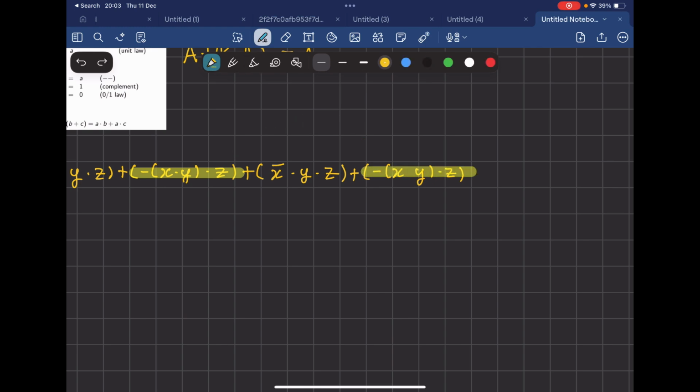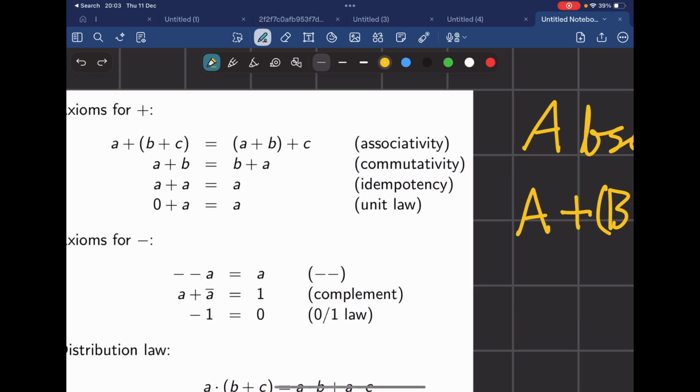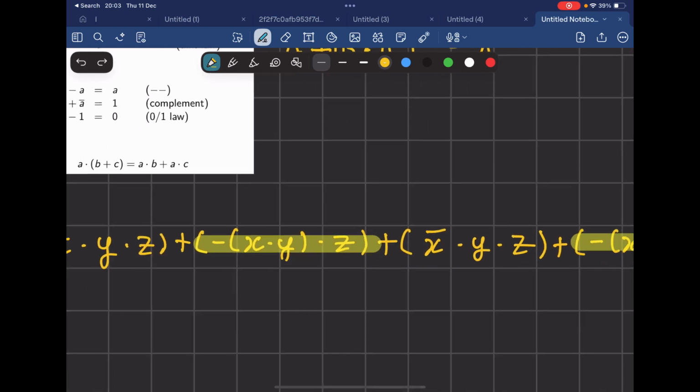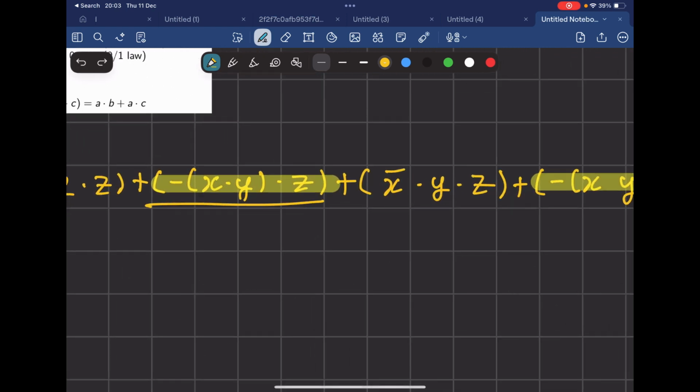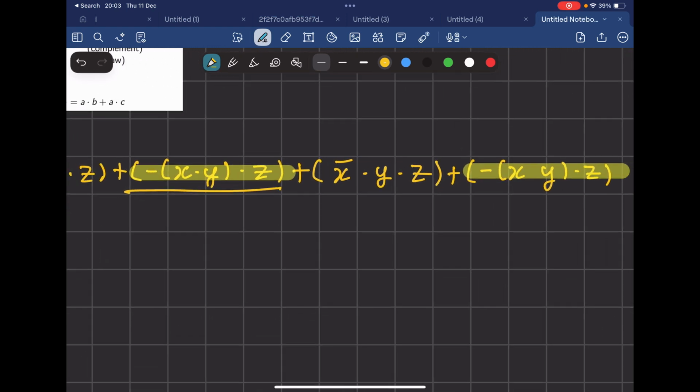If we look at the laws over here, A plus itself is just equal to A. So if this thing was ORed with this thing, we could just remove one of them by the idempotency law. But the issue is that they're not together. We have something in the middle with pluses.